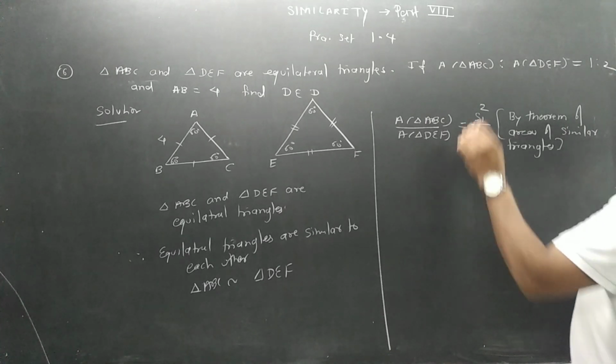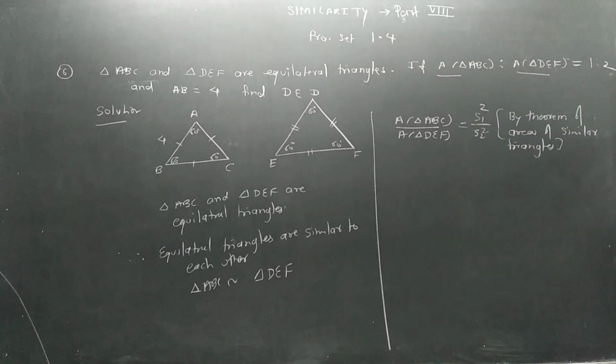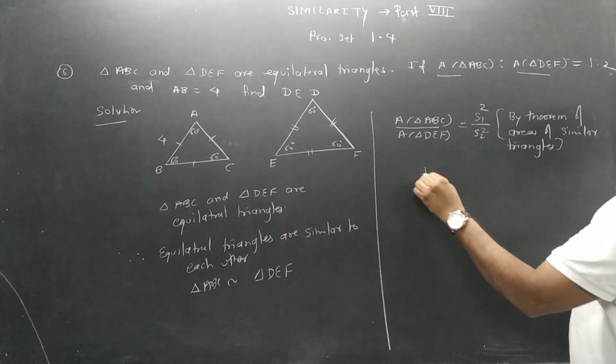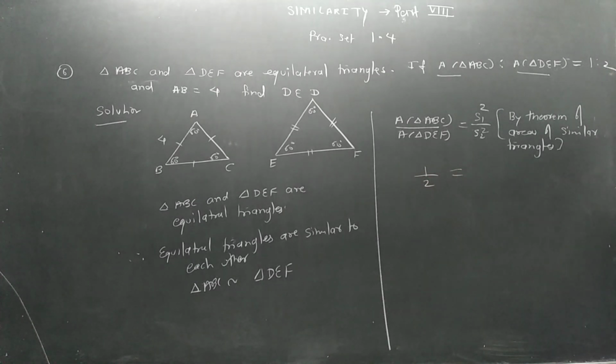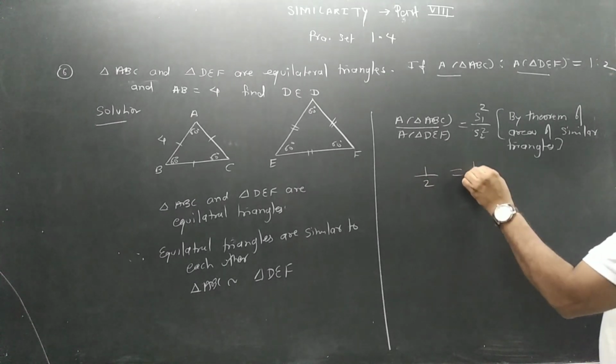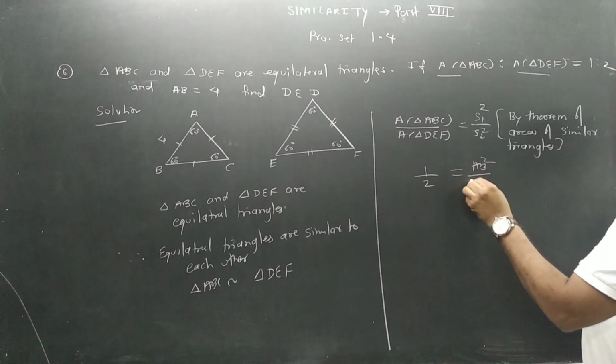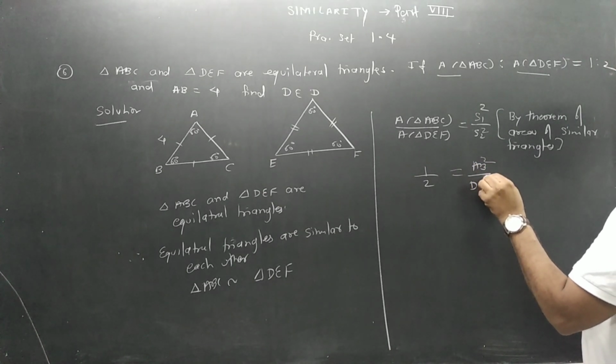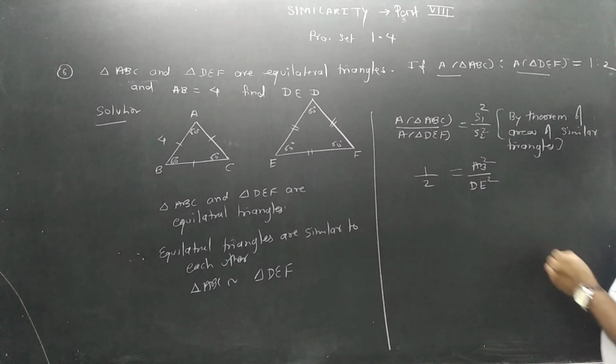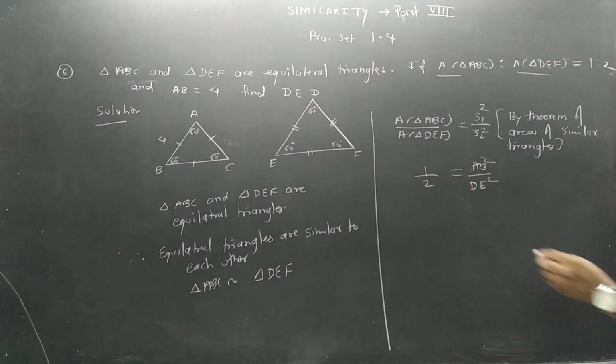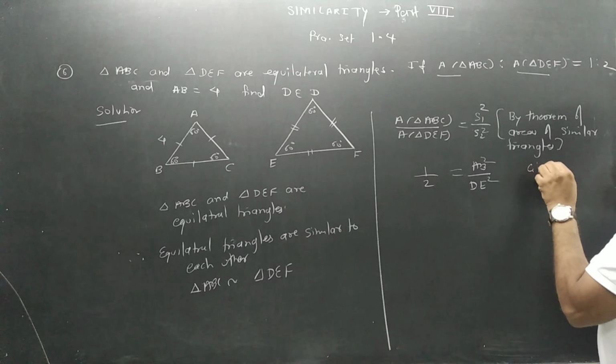So, area of triangle ABC to DEF is 1 upon 2. So, I will substitute the value as 1 upon 2. S1 is nothing but AB square upon DE square. So, it is given.